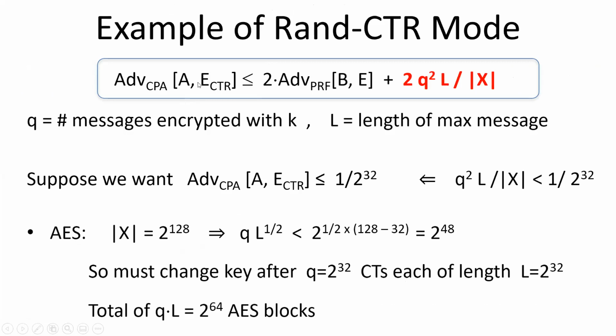Namely, there actually exists an attack which will achieve this advantage, because it's simply throwing balls into this randomized process of throwing the IVs into the buckets, and it was just sheer luck that there is a collision, and this collision happens exactly with this probability. So this is a tight relation.